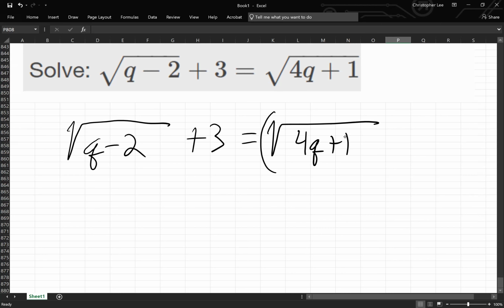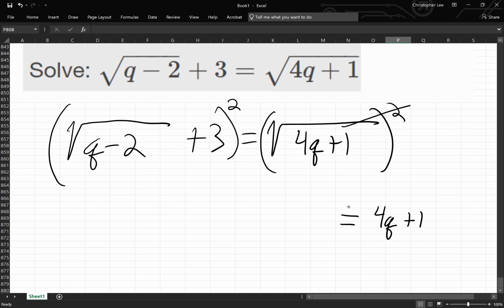You square it, right? So I'm going to do this and square it. But as you know, whatever I do to one side of the equation, I have to do to the other side. So on the right hand side, we have 4q plus 1. On the left hand side, now I'm going to use that square pattern. Again, up to you, you can distribute it, no problem.